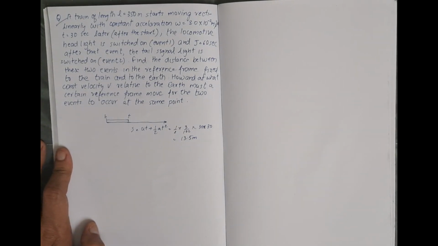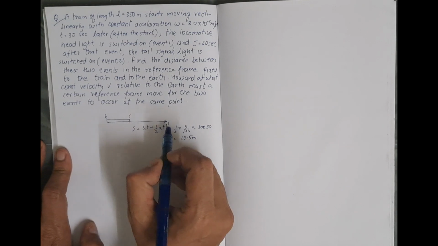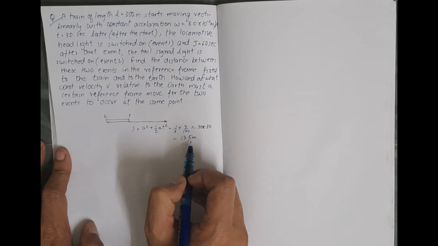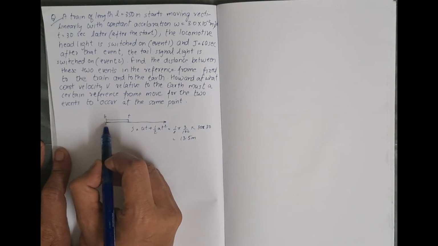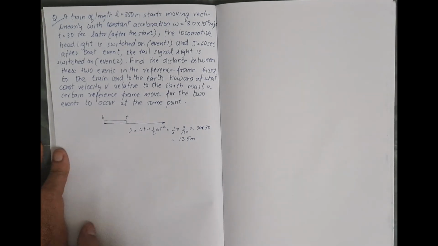So the front end of the train after 30 seconds would have traveled 13.5 meters. Now suppose we measure the x coordinates from the point where the back end of the train was initially.